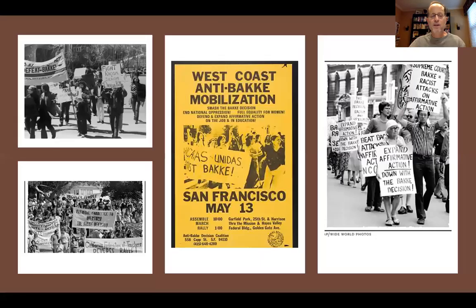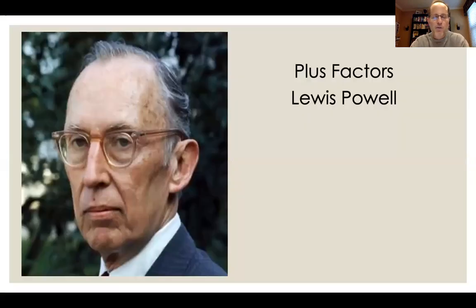That decision would be challenged and debated a lot. And in its ruling, it is Justice Powell that writes the ruling, and he describes a plus factor. So the Bakke decision strikes down quotas for admissions to college, but does not deny colleges the right to use what are known as plus factors, race being one of them.